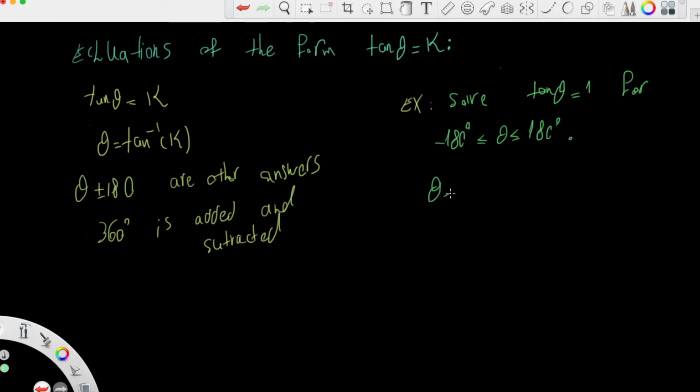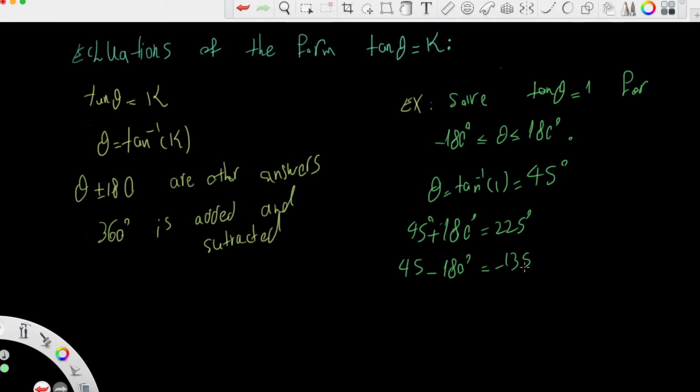First, theta will be tan inverse of 1, giving you an answer of 45 degrees. So then 45 plus 180, which is 225. Then 45 minus 180, which is negative 135.